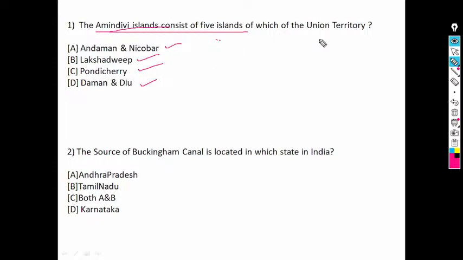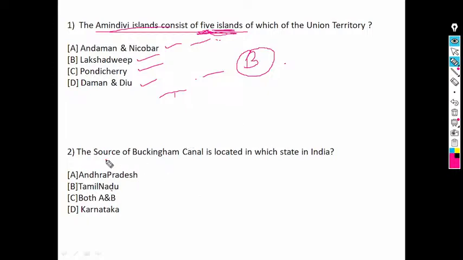The answer is B, Lakshadweep. As I said, after every 2 subsequent questions we will discuss the answers.